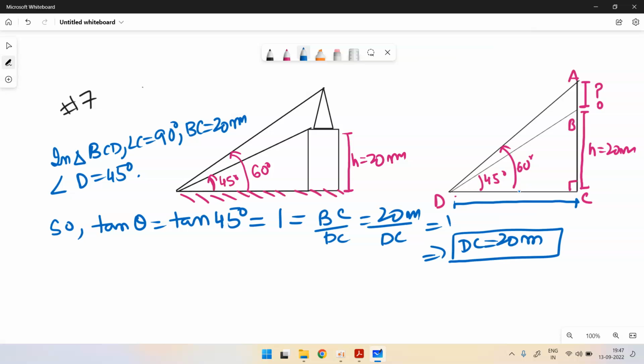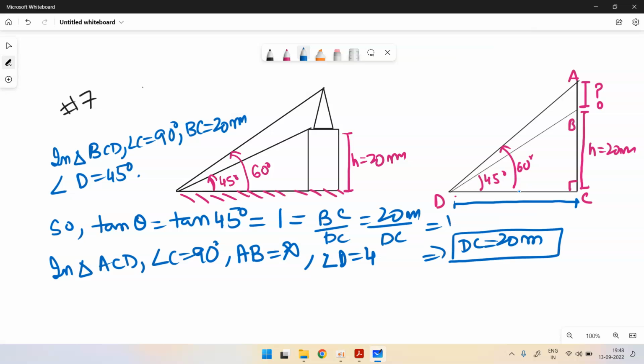Now in triangle ACD, angle C is 90 degrees, AB you don't know, and angle D is 60 degrees, and DC you have calculated as 20 meters.